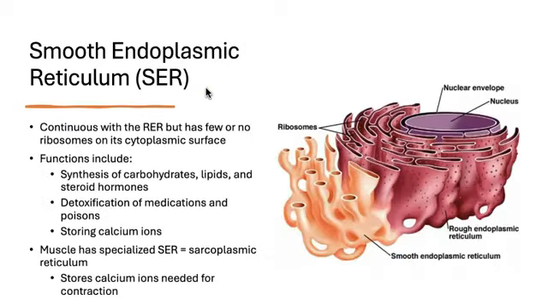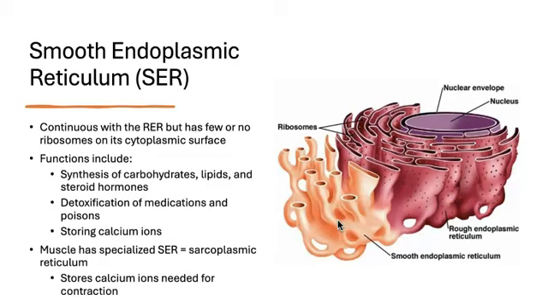Now, the other type of ER that we have is smooth ER, and this is going to be continuous with the rough ER, which we see pictured here, but it's going to have few or no ribosomes on its cytoplasmic surface, so hence the name smooth. And its function is to synthesize carbs, lipids, and steroid hormones.